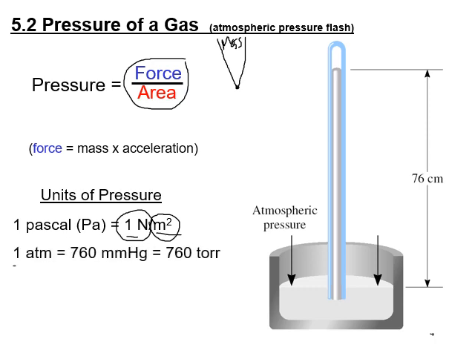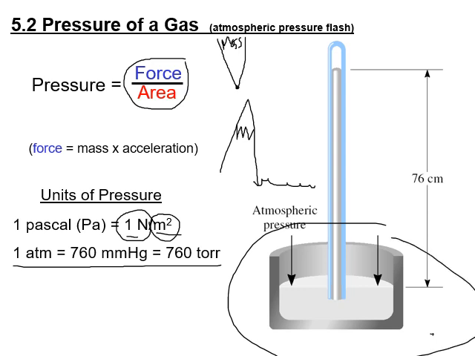Now, the atmosphere, millimeters of mercury, and torr: this was a measurement of pressure using a barometer. Let's say here's a mountain, and here is sea level. You would have this apparatus, this barometer, and you basically just measure the distance of the mercury. At sea level, the measurement of pressure is 76 centimeters or 760 millimeters of mercury.